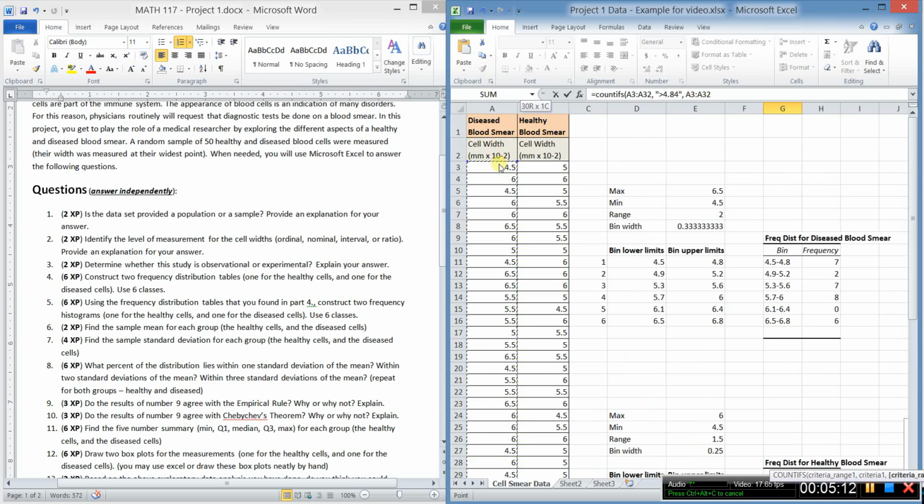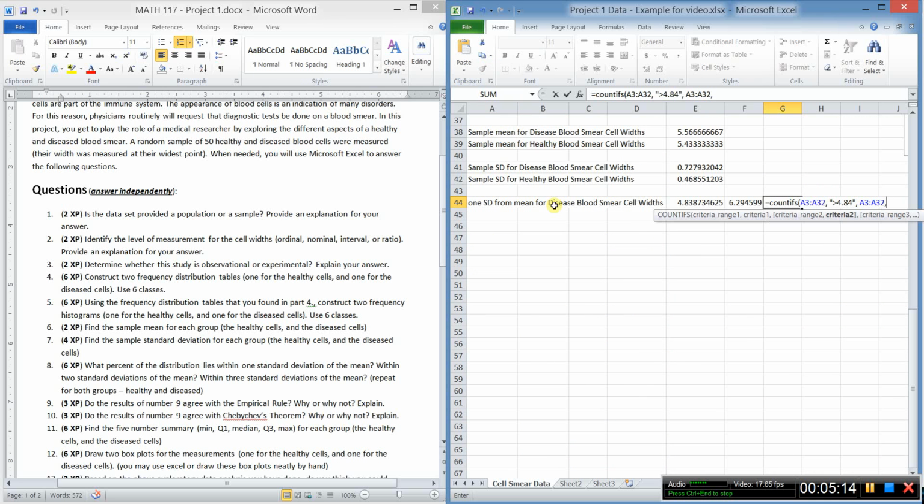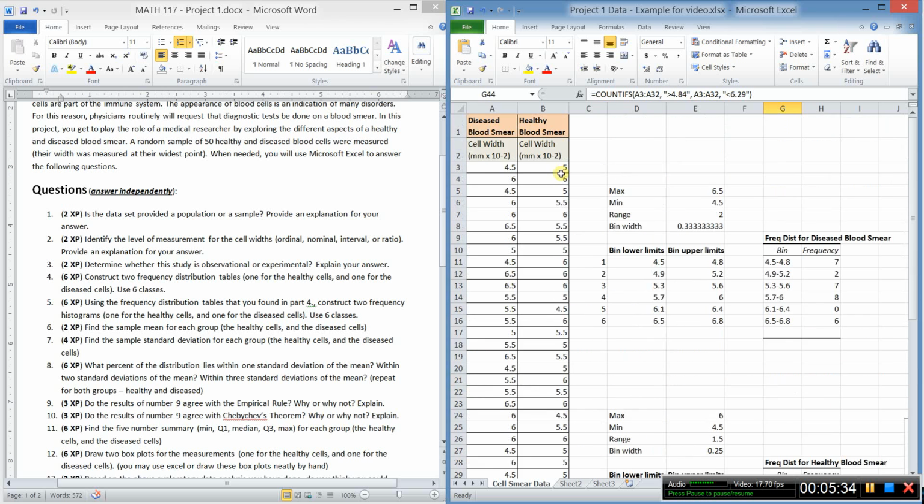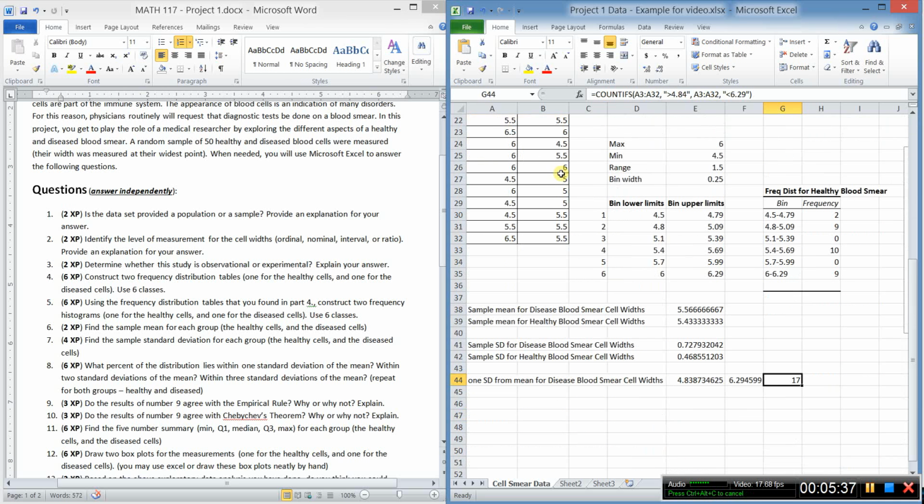We need it to be less than 6.29. Notice I'm using quotes, and then I'm writing the sign, and then I'm writing the number. If I use that, it says that 17 data points are in that range.